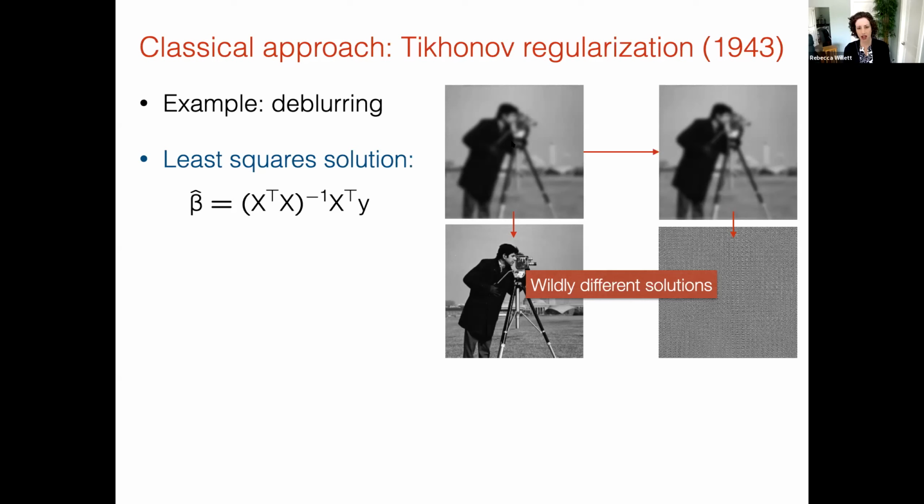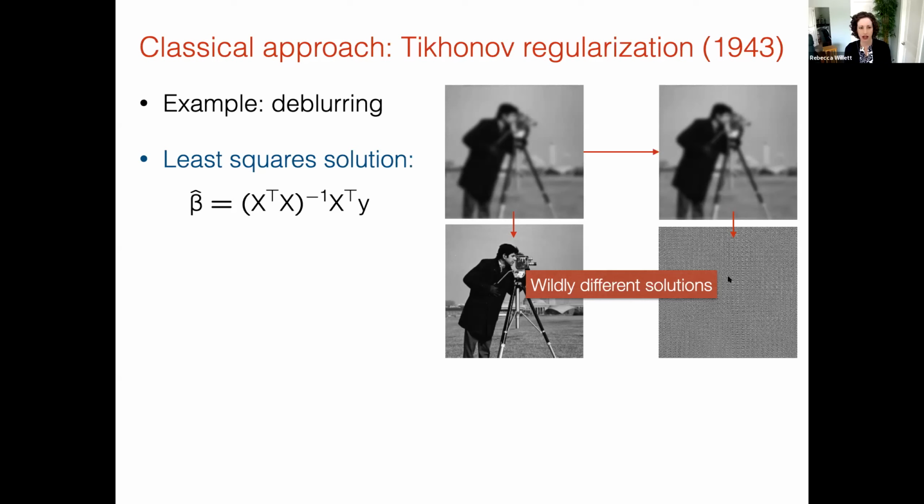But if that blurred image is contaminated by even a very small amount of noise, like we see in the upper right, so visibly you don't see the noise at all, even then, when we try to apply the least squares solution, we can get something that's wildly different and corrupt.